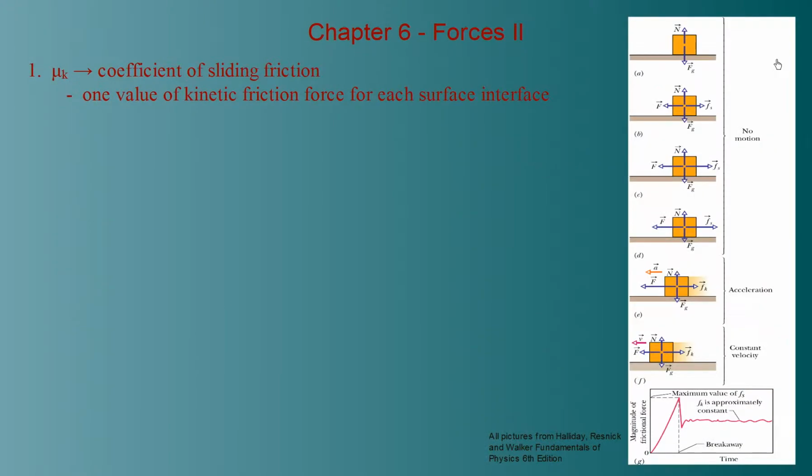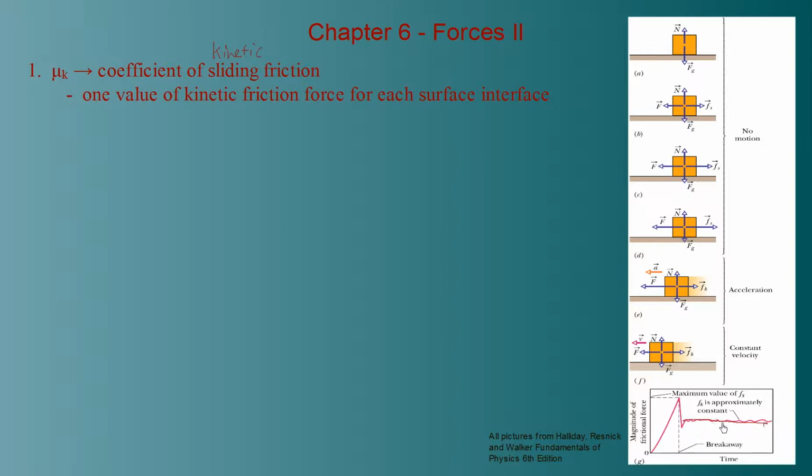Number 1. The coefficient of sliding or kinetic friction is written as μk, and there is one value of kinetic friction force for each surface interface, and that's what you see here. No matter how hard you push or pull on something, as long as it's sliding, that force will remain relatively constant.